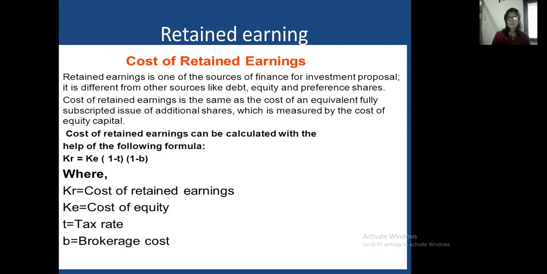Cost of retained earning can be calculated as Kr = K(1 - T)(1 - B). This is the formula for calculating cost of retained earning, where Kr is the cost of retained earning, K is the cost of equity, T is the tax rate, and B is the brokerage cost.